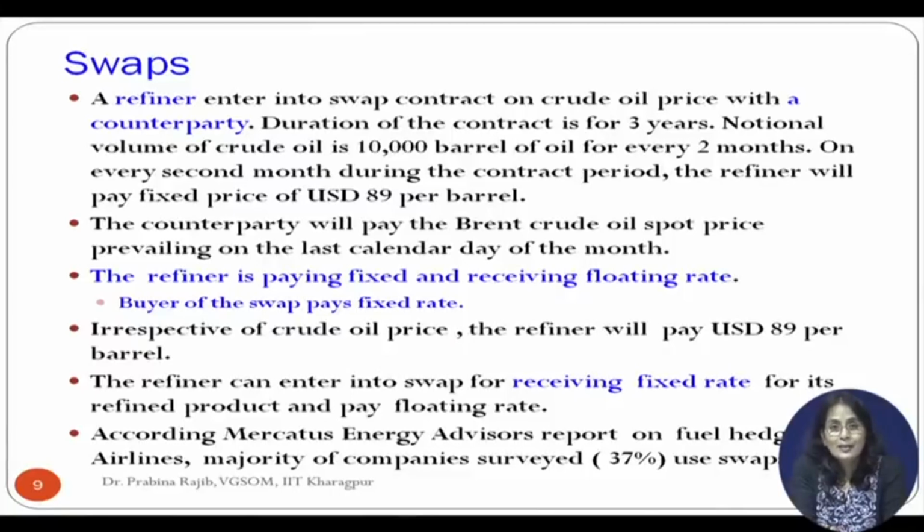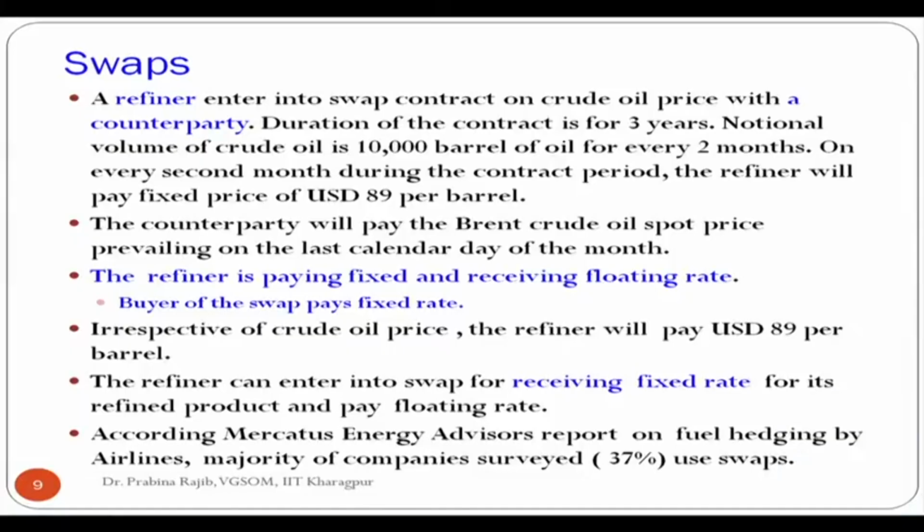The notional volume is 10,000 barrels, and based on this notional volume, both the refiner and the counterparty are going to make payment or receipt every 2 months. And the fixed price which is negotiated is $89. Let's see how it will work.